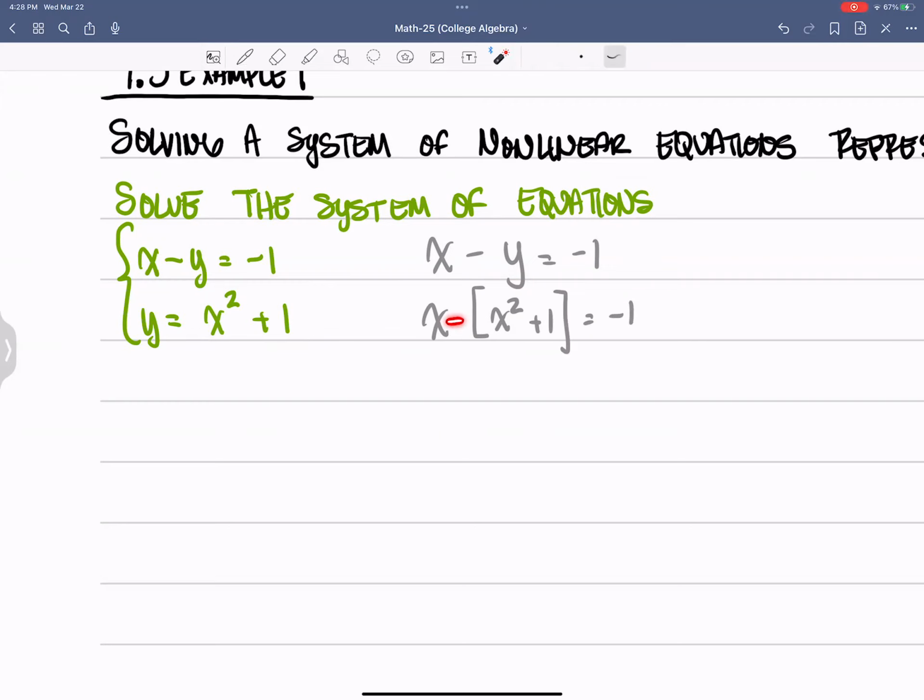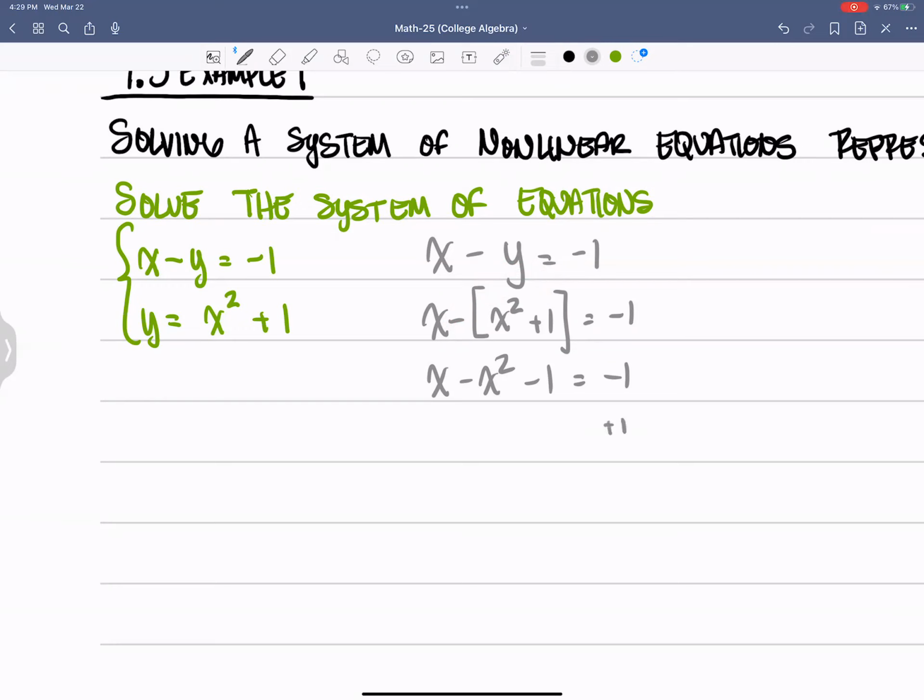Here we have a negative that we have to distribute to those two terms. x minus x squared minus 1 is equal to -1. Let's get everything to one side because what we have here is a quadratic, and it's easiest to solve a quadratic if we have it equal to 0.